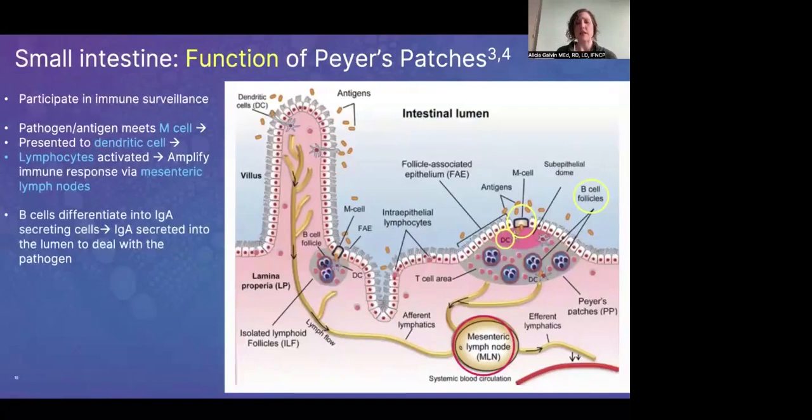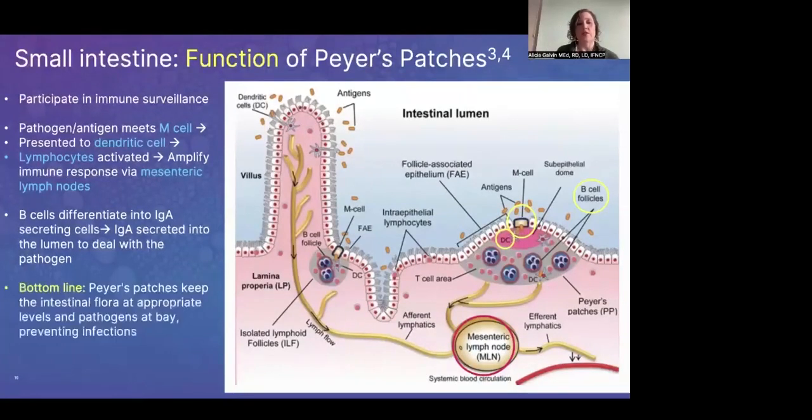These B cells then differentiate into IgA secreting cells, which gives you more IgA. IgA is like your soldier marching around, looking, surveilling, and seeing what it needs to attack in order to deal with whatever pathogen is coming in. So essentially, these Peyer's patches are keeping the intestinal flora at an appropriate level and helping to prevent any pathogens from wreaking havoc.